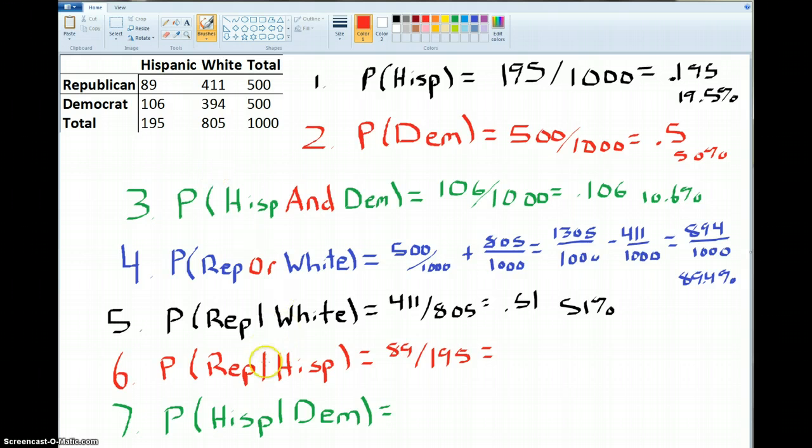So again, this part after the vertical bar told us we're only considering Hispanics. That's what we're given. That's what we know. There has to be a Hispanic. There's 195 of them. Our chances of randomly selecting a Republican would be 89 out of the 195. And that equals 0.45 approximately, or 45%.